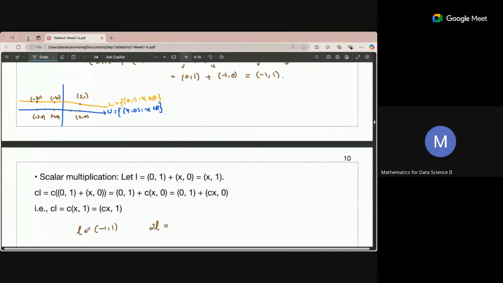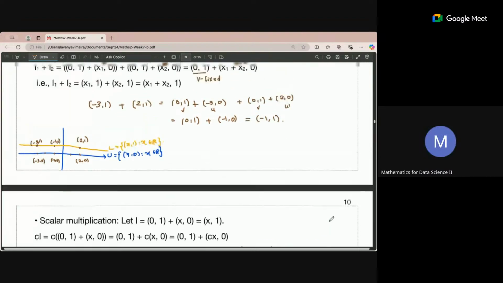So 2l means, first of all, I should write l in the v plus u form. So v is (0, 1) plus (-1, 0). This is your v and this is your u part, right? So I'm multiplying this 2 only here. So it means (0, 1) plus (-2, 0). So it is (-2, 1).